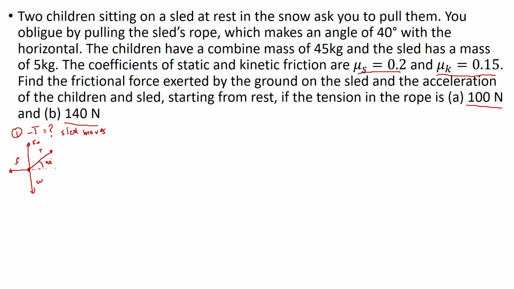So I need to set up the equations for x and for y. The equation for x is going to be the tension cosine of 40 minus the static friction force, because it's not going to move, and it's equal to 0 because I want to know the minimum force, well, the maximum, sorry, for it to stay in the same place.